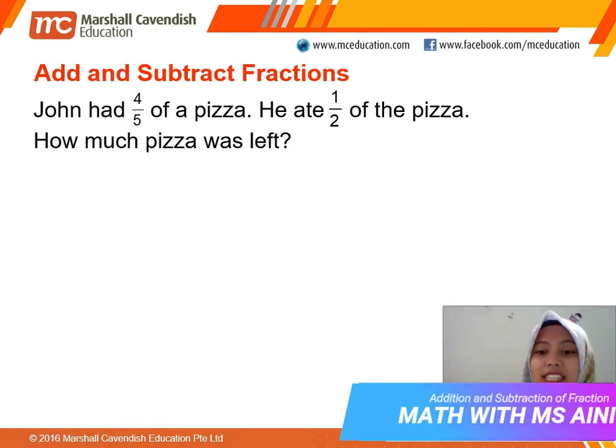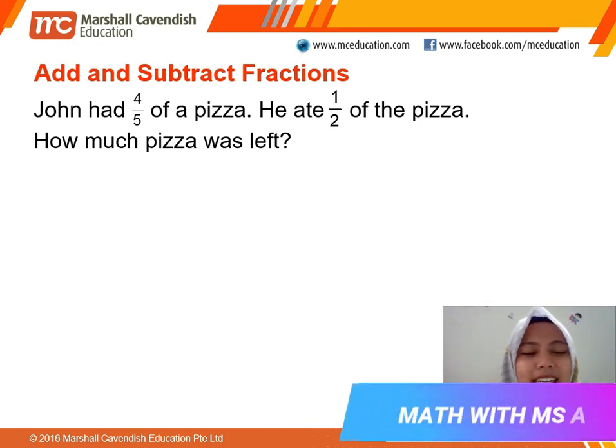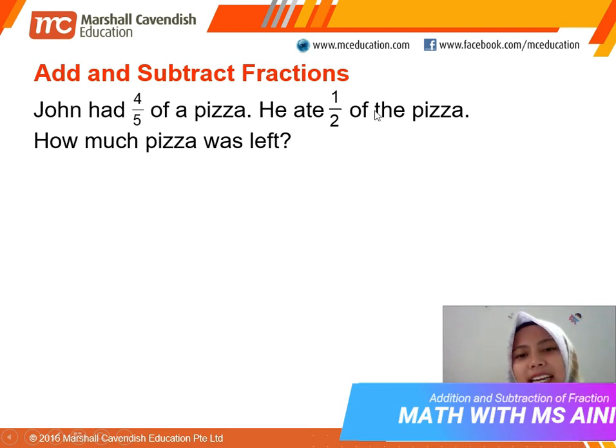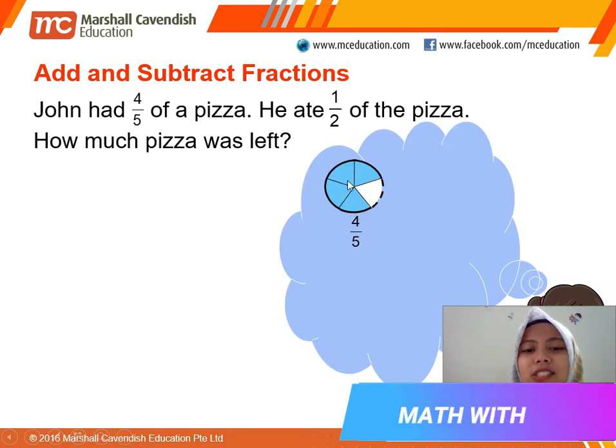Add and subtract fractions. Oh, this is already subtraction. Okay, so how to add and subtract fractions? This is the question. John had 4 over 5 of a pizza and he ate a half of the pizza. How much pizza was left? So this is the pizza at first. Look, the denominator is 5. This one, the denominator is 2. So, as we did before, 5 and 2, the denominator becomes 10.